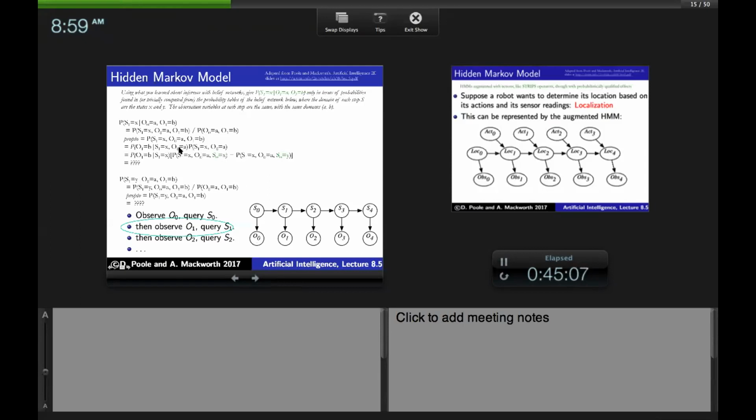So the probability of S1 equaling X and O sub 0 equaling A is to simply take a look at the joint probabilities involving that pattern, but also paired with each possible value for S sub 0. I sum over that and I get that value. And again, you know how to do that, or should know how to do it. You'll probably see it in an assignment. You'll certainly see it on next week's exam.